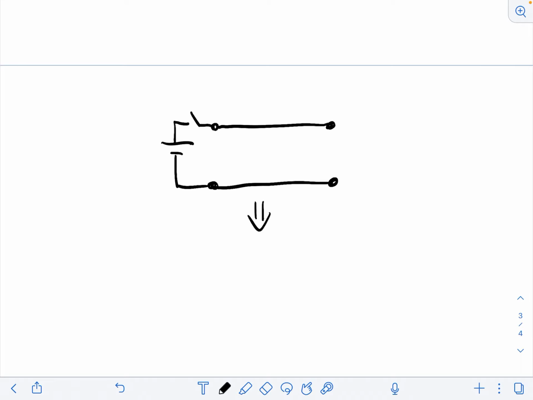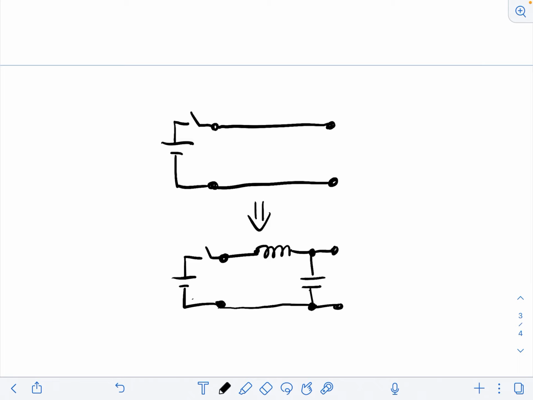Let me model that as a battery and a switch, and then a series inductance and a capacitance in parallel with the output. We put the capacitance in parallel with the output because that determines the difference in charge across these wires after the switch has been closed.